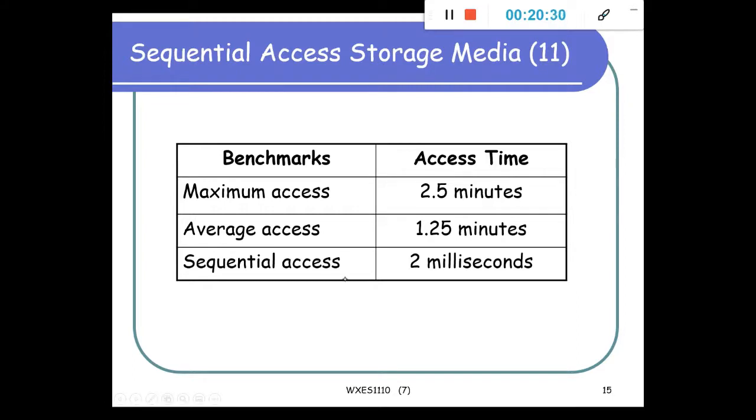Assume you have a 2400 feet tape, equivalent to 28,800 inches, with a tape transport of 200 IPS, inches per second, that can be read without stopping in 2.5 minutes.